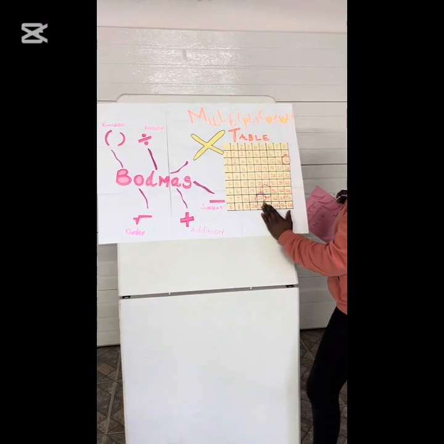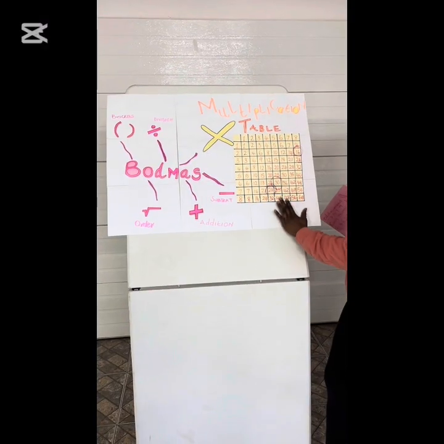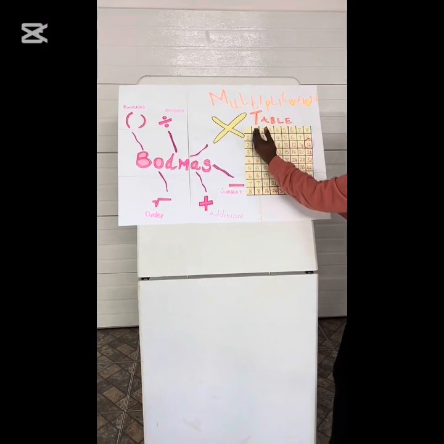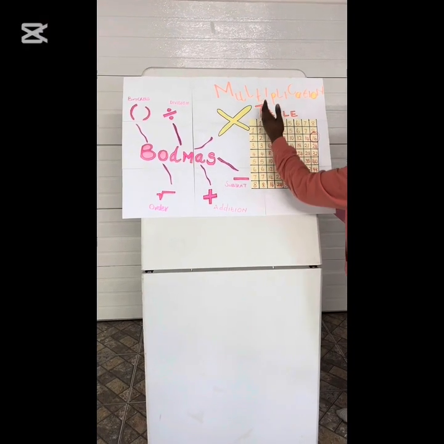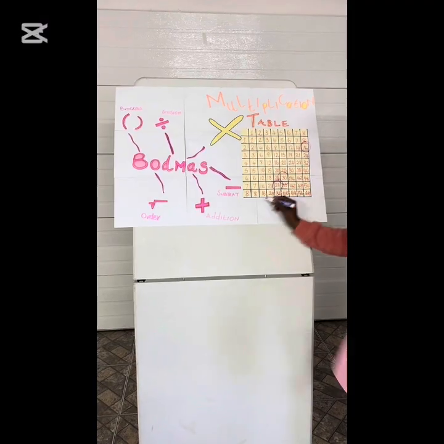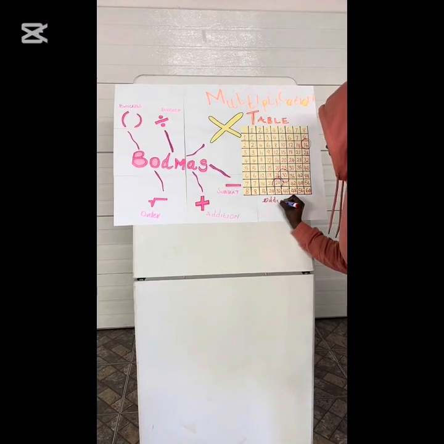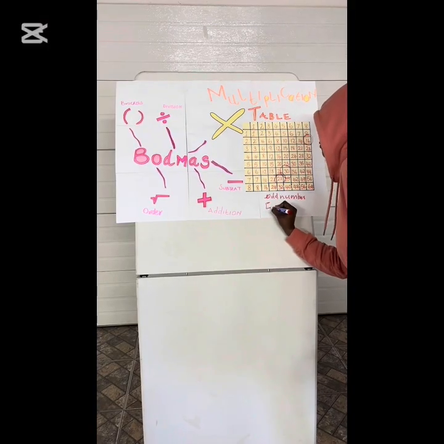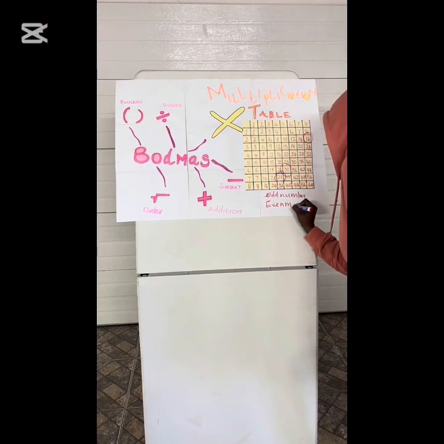This table, this BODMAS table, I would say it's a BODMAS table. This table also teaches learners different types of numbers. In this table, we have odd numbers and we have even numbers.